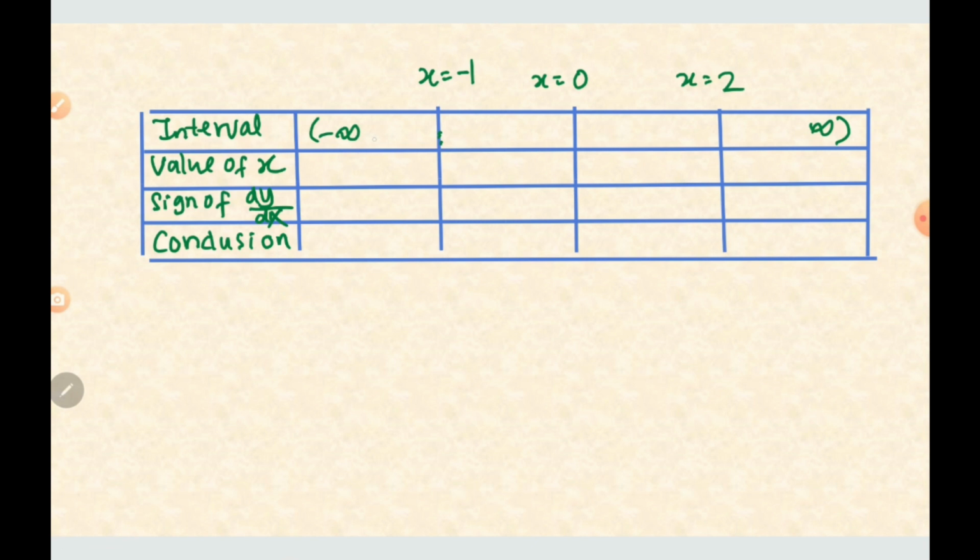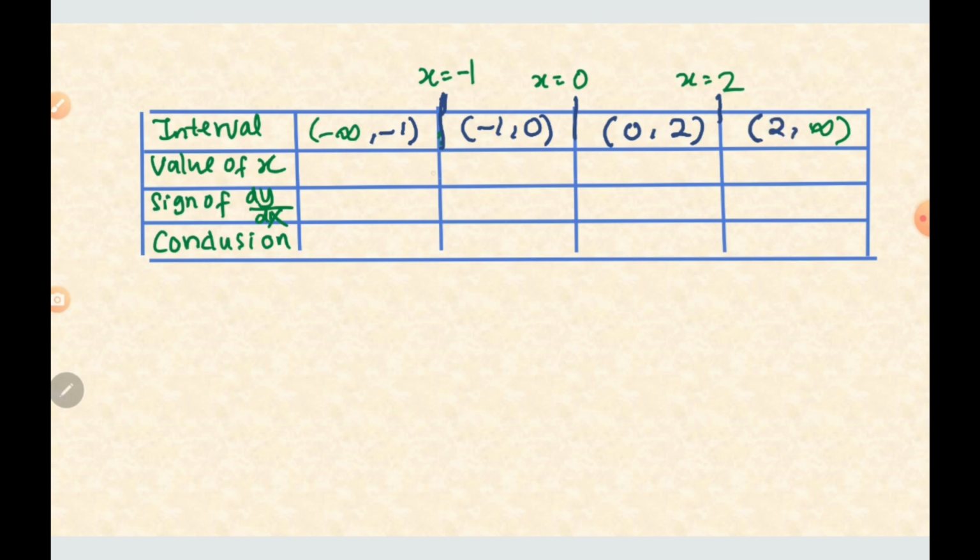From negative infinity to infinity, this line is for x equals negative 1, this is the line for x equals 0, and this is the line for x equals 2. We have three critical numbers here. Then you create the intervals: negative infinity to negative 1, negative 1 to 0, 0 to 2, and lastly 2 to infinity.